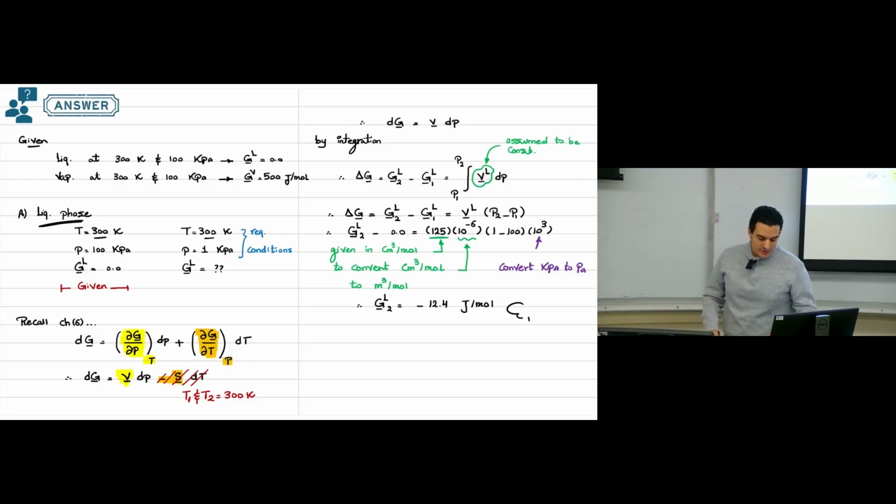Okay. Second requirement: calculate molar Gibbs free energy at 300 Kelvin, 1 kilopascal, but this time for the vapor phase. So this is the second requirement, B, I have vapor phase. I am given that at 300 Kelvin, at pressure 100 kilopascal, the molar Gibbs free energy for the vapor at this condition is 500 joule per mole.